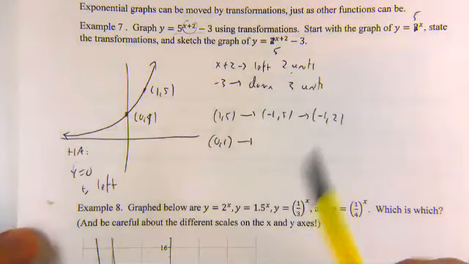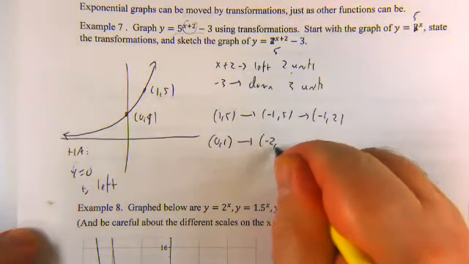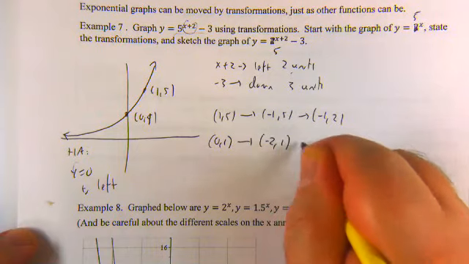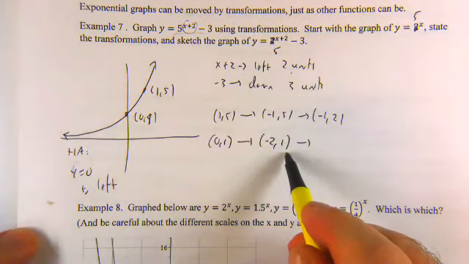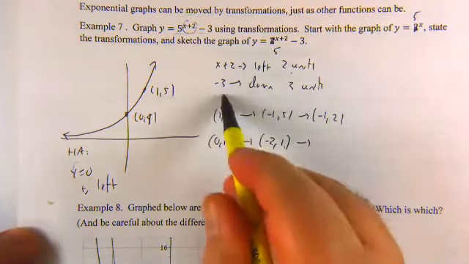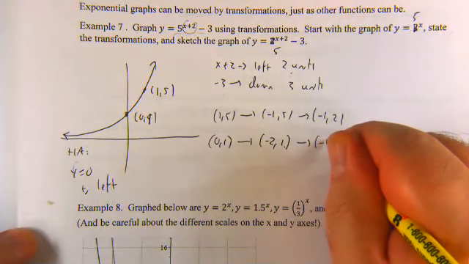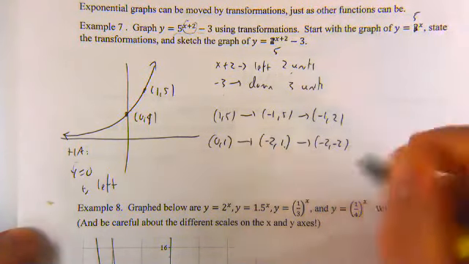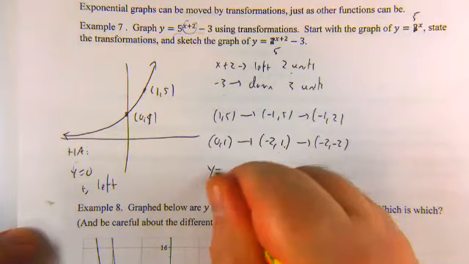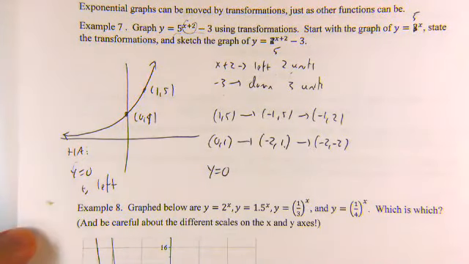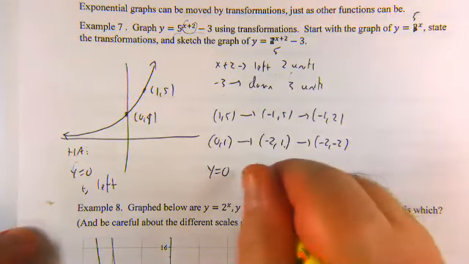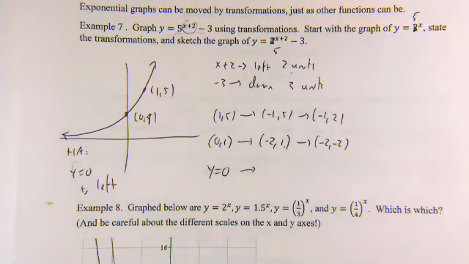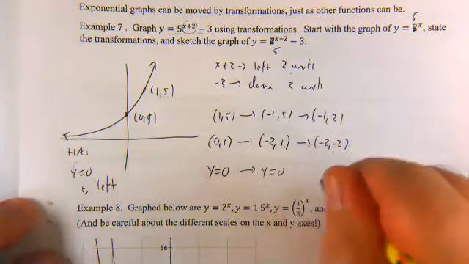Move it left 2 units, so the x coordinate changes to minus 2. Then you move it down 3 units, so 1 minus 3 puts me at (-2, -2). My horizontal asymptote is y equals 0. Moving a horizontal line left or right doesn't change it at all.